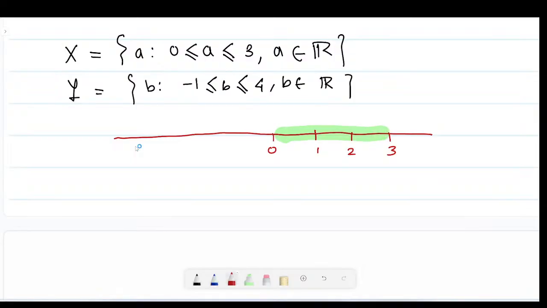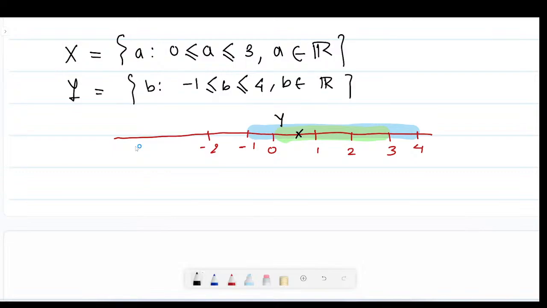And this will be -1, -2, this will be 4. And this is my second set. I am taking another color. Okay. So this is my Y set. So this is my X set and this is my Y set.